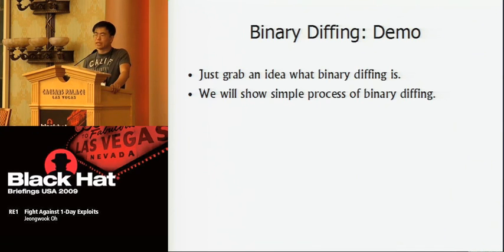We are going to release a very early form of a POC code called Hondon. It means chaos in Korean. It will make the binary a little bit chaotic and make binary diffing a little bit difficult.